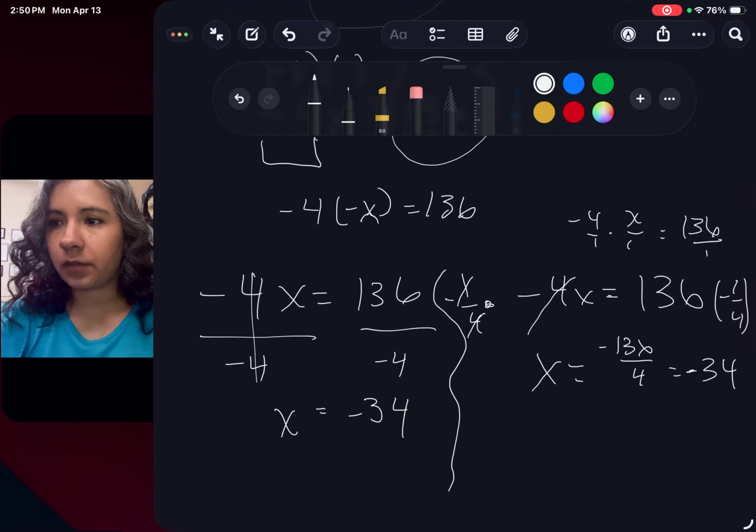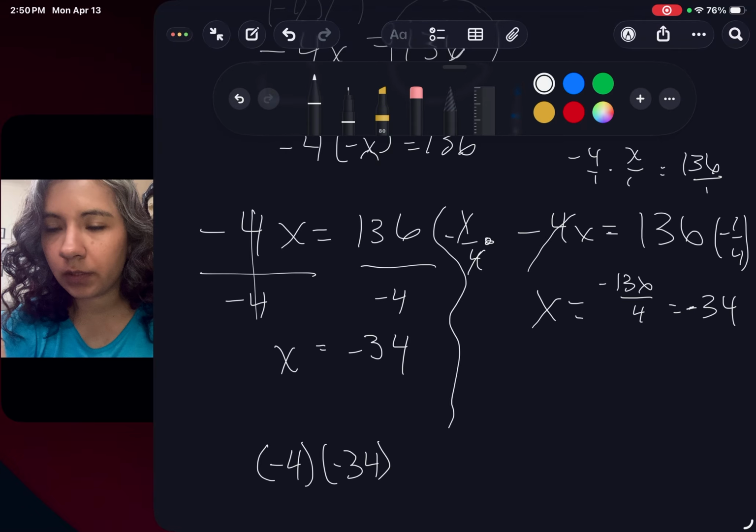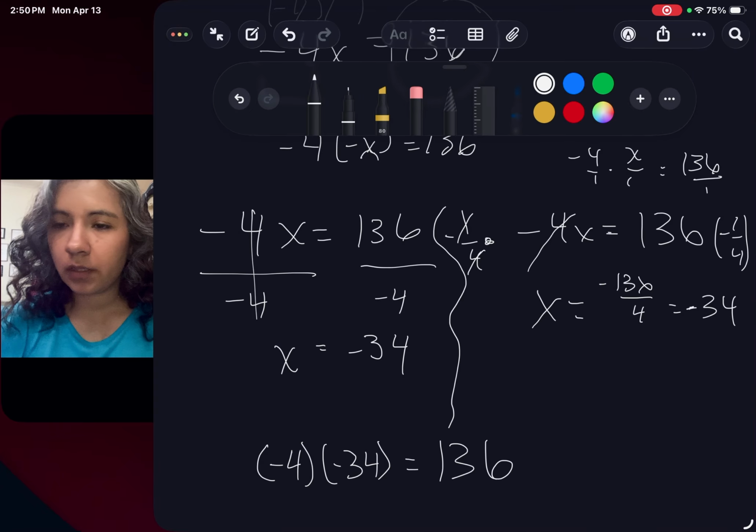And like I said earlier, you multiply two numbers of the same sign, negative 4 and negative 34, which gives us that positive 136 on this side.